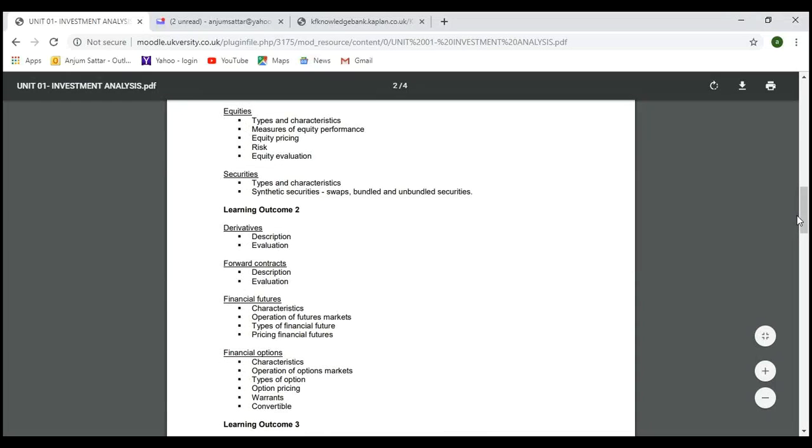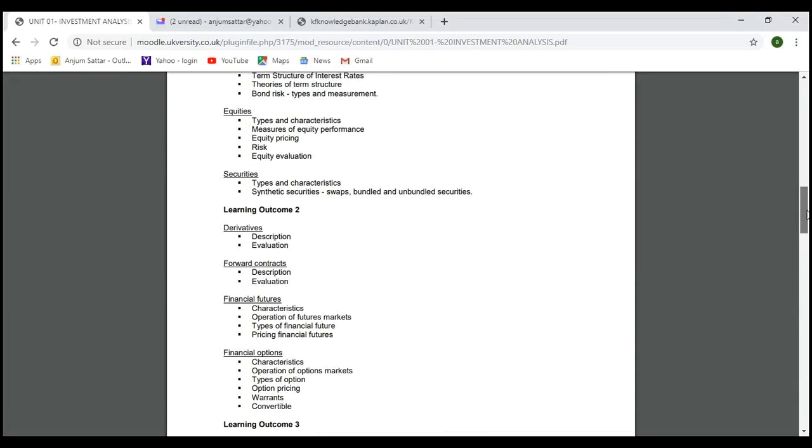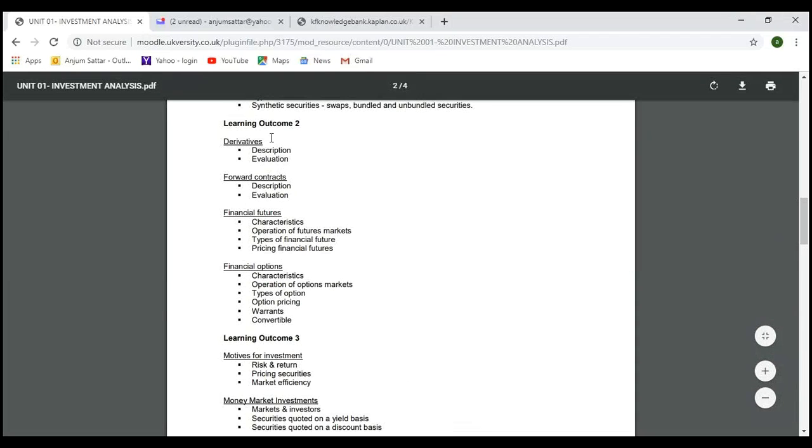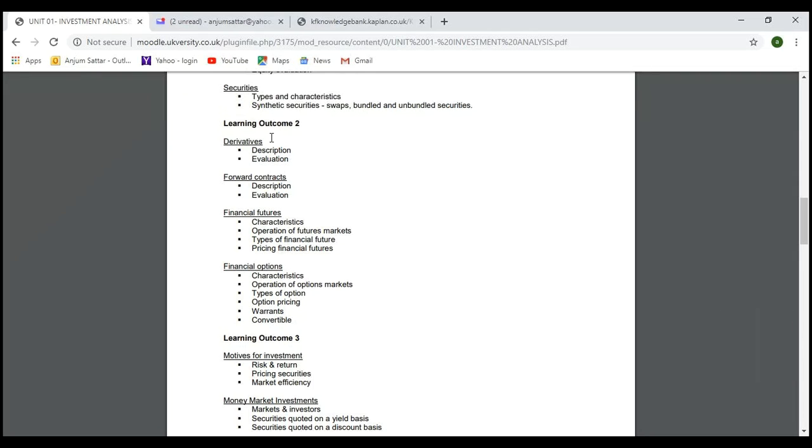Sometimes the indicative content doesn't fully relate to the assessment criteria, but we'll try to address it.